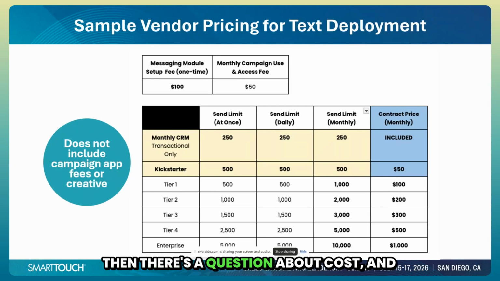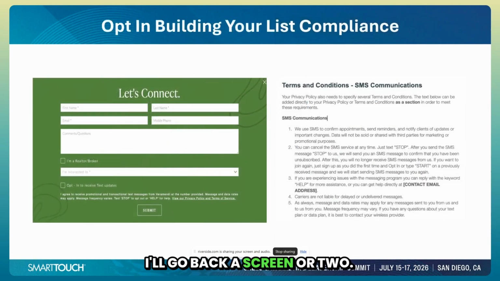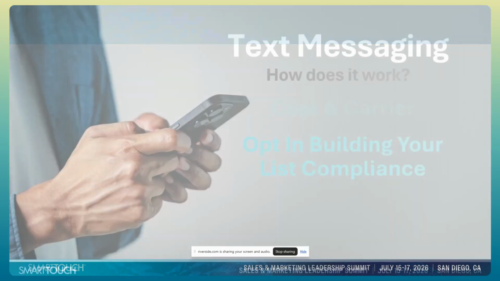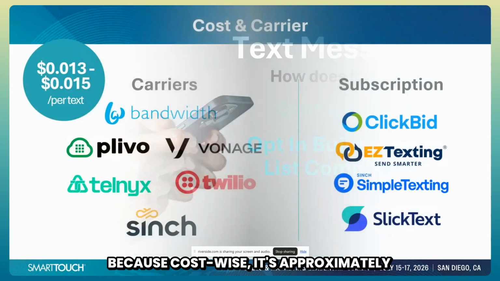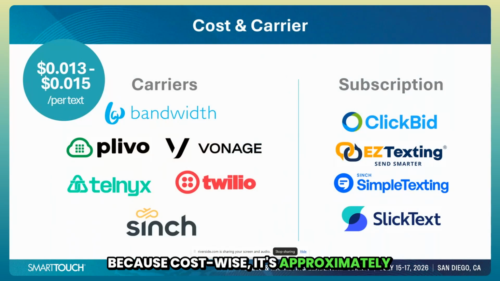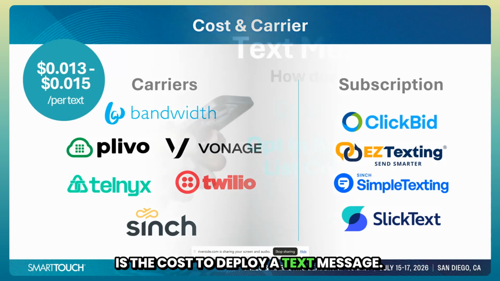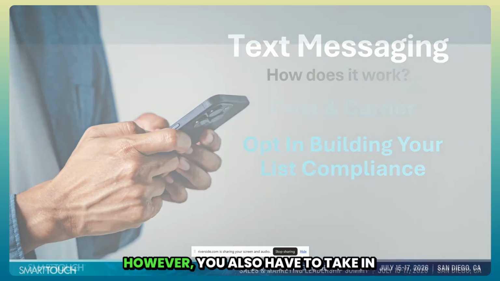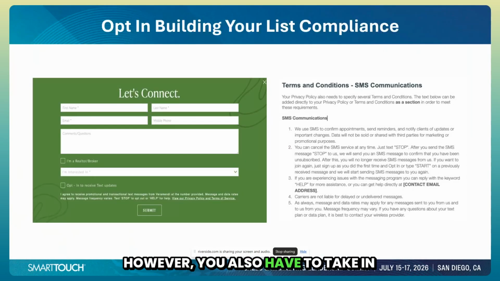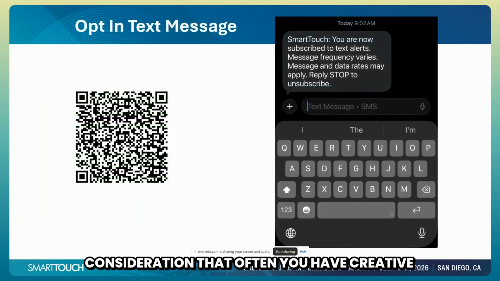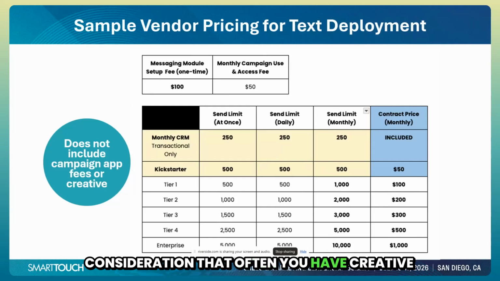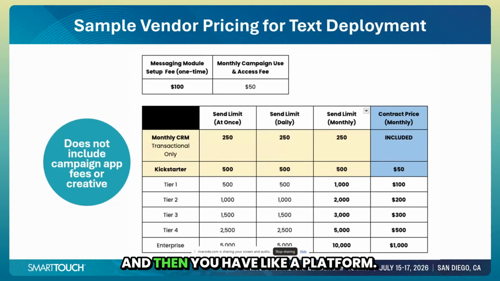Then there's a question about cost, and I'll go back a screen or two because cost wise, it's approximately a penny and a half to deploy a text message. However, you also have to take into consideration that often you have creative and then you have a platform.